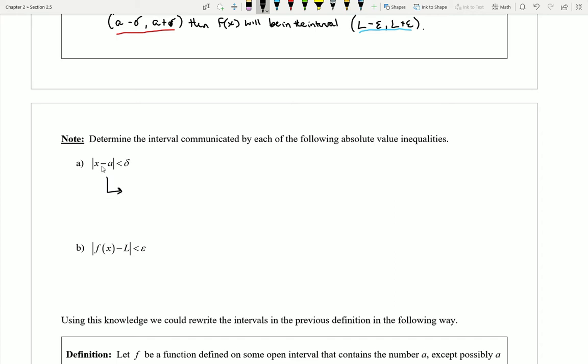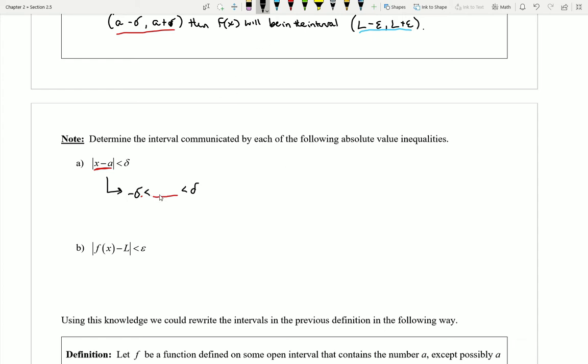We can think about the inside of the absolute value bars, and if I want that to be less than delta when absolute valued, that would mean that I need that inside amount to be smaller than delta already, or at least bigger than negative delta.